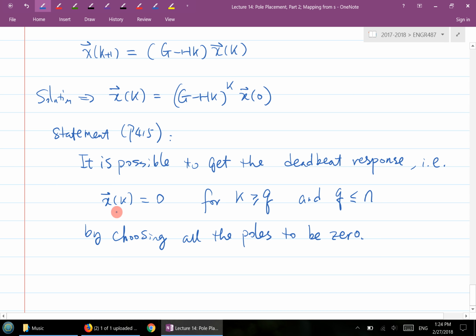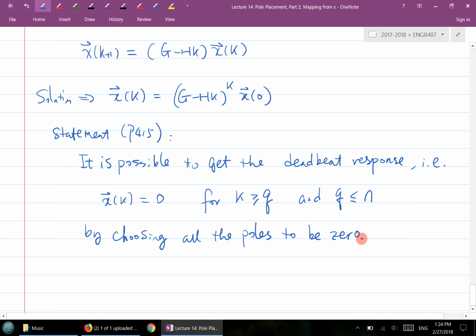Then I can bring x of k back to 0 in at most 2 steps. Two steps in this case means 2 sampling times. That's basically what deadbeat response means.